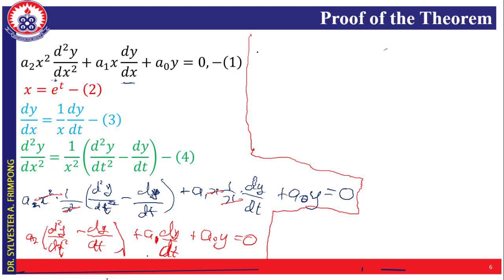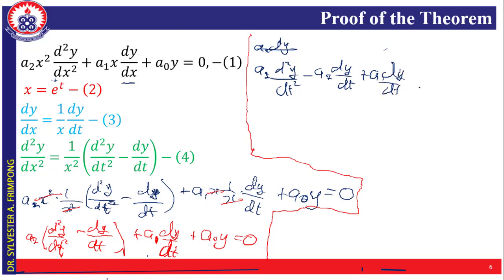If you simplify, we are going to get a2 d squared y by dt squared minus a2 dy dt plus a1 dy dt plus a naught y equal to 0.